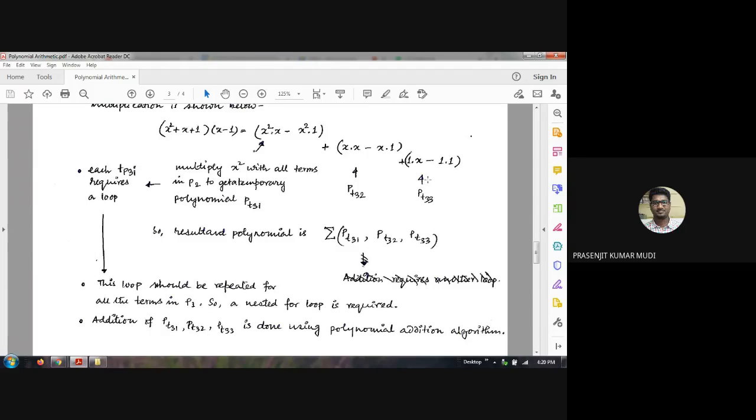So by using the polynomial addition algorithm, you can compute this summation of polynomials.